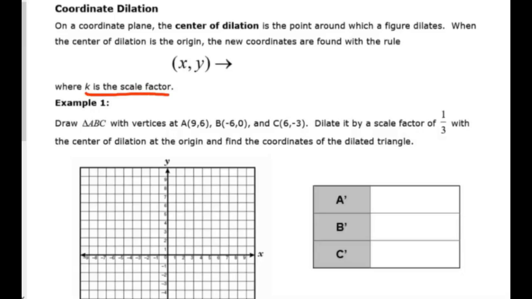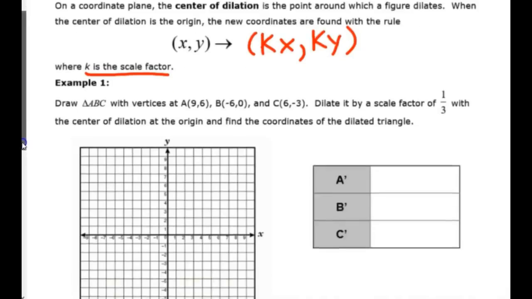So if I have K scale factor, it's going to be Kx and Ky. All you're doing is multiplying the x and the y by the scale factor. That's it. So while yesterday we were doing switches and signs and adding and subtracting, today for dilations we're multiplying. Okay? Multiplying makes it bigger or smaller.